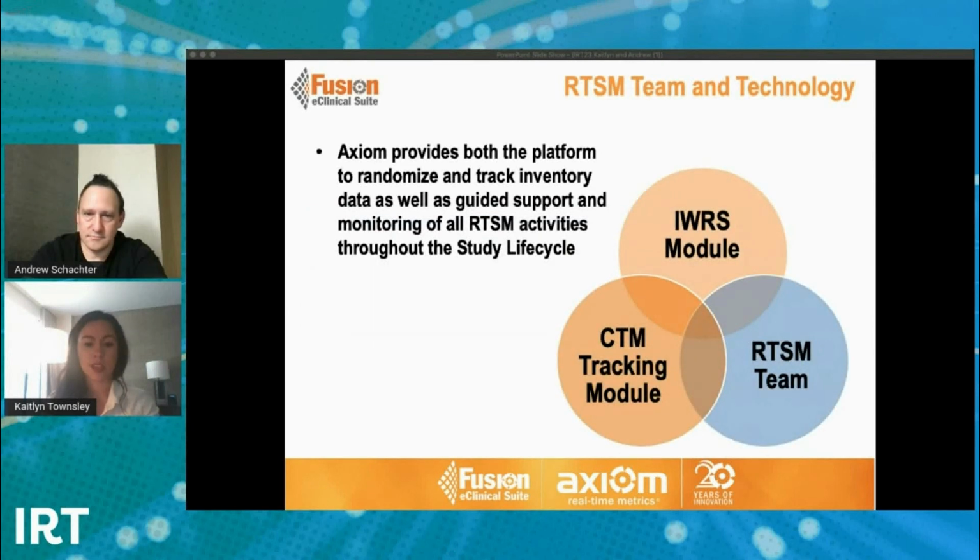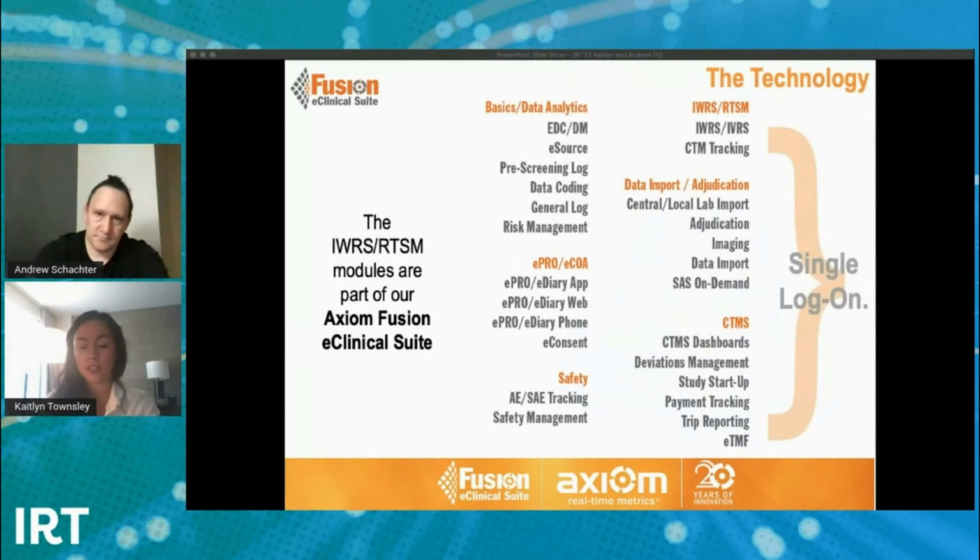Just in the interest of time, we're going to skip through a little bit, but Axiom provides everything we noted. We have a platform to support the randomization and inventory management, as well as a dedicated team in-house to manage and support any requirements you have. So we have a dedicated team that focuses on just the RTSM components of the technology.